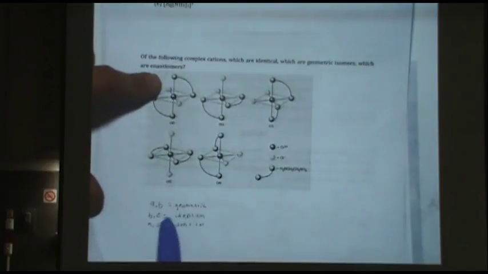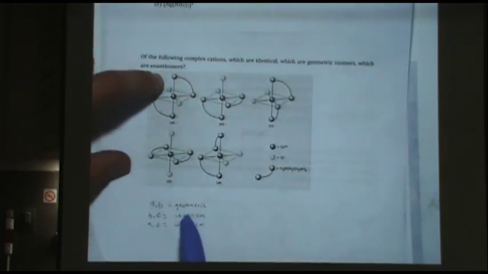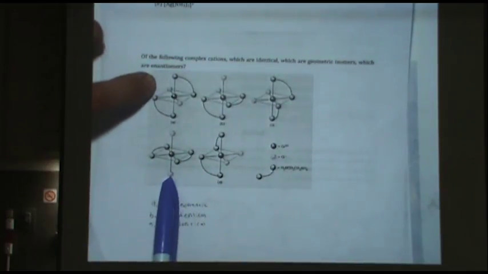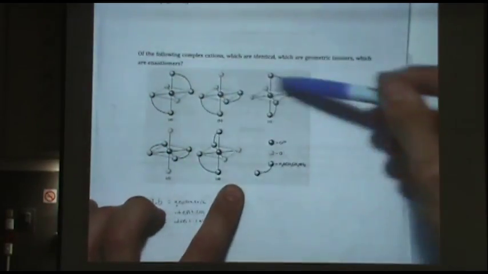This is trans. And let's see, here's another trans. See it? Okay, those two would be trans with 2 bidentates. Identical. Or trans, the mirror, it's going to be the same. If you just flip it around, you'll see. This is another cis, so now you've got to compare these 3.